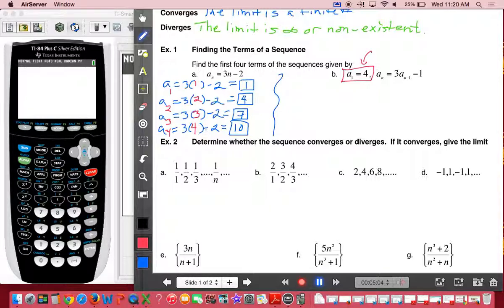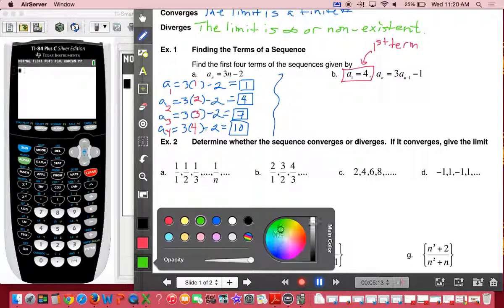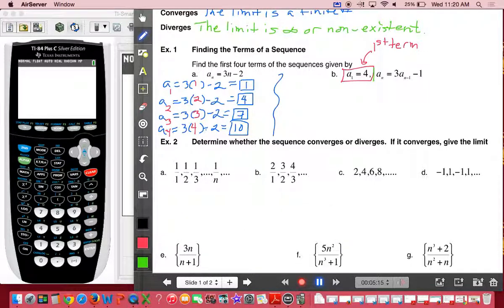So this is your first term. So haven't they given you part of the answer? Then they've given you this whole part here, and do you see this a sub n minus 1? That immediately tells you that this is recursive.